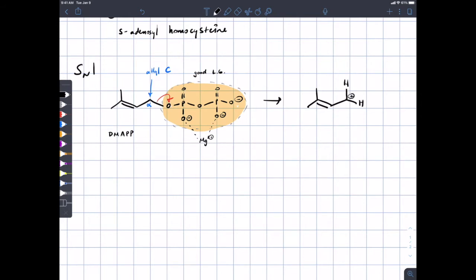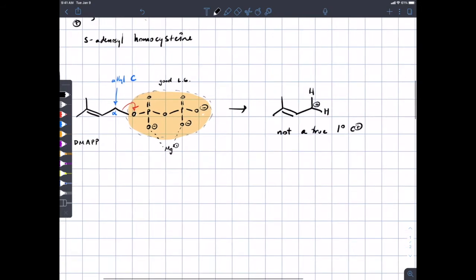Now, some of you have seen similar problems like this, I think, on the study guide or practice exam, where this good leaving group was maybe chloro or bromo, and you maybe said, why can this mechanism go through Sn1? And the answer is because the carbocation that's left behind is not a true localized primary carbocation.